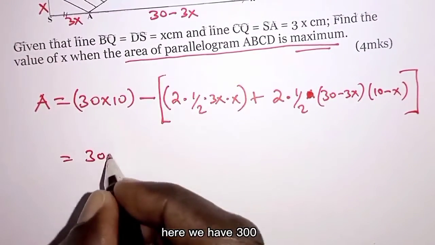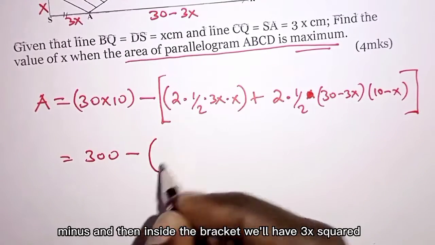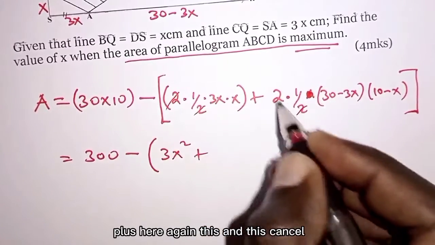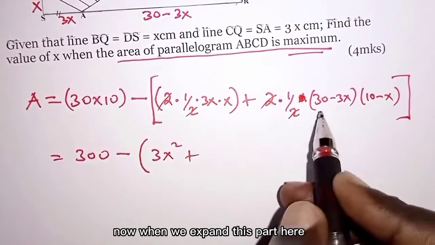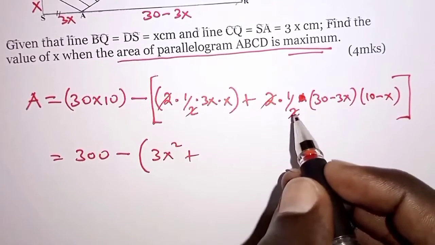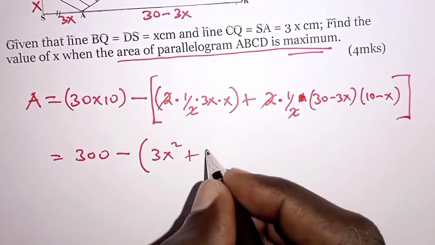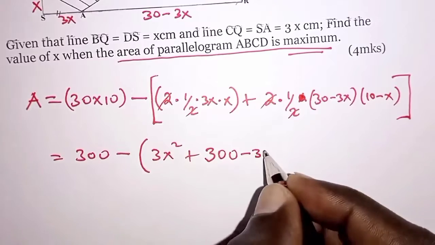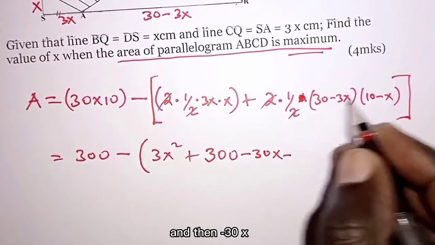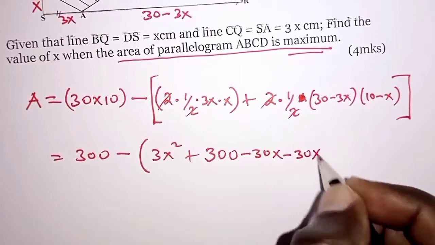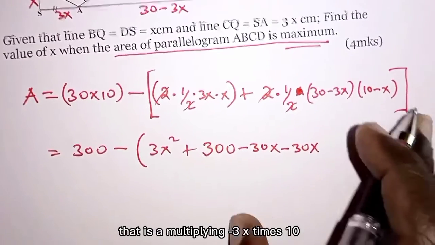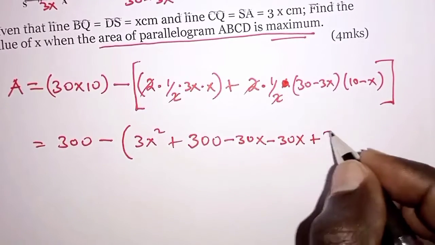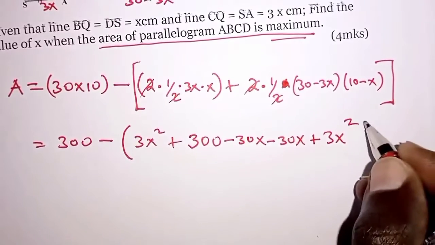Here we have 300 minus, and then inside the bracket we'll have 3x squared plus, here again these and these cancel. Now when we expand this part here, we are supposed to be having 300 minus 30x, and then minus 30x, that is multiplying negative 3x times 10, and then negative 3x times negative x, that is plus 3x squared.